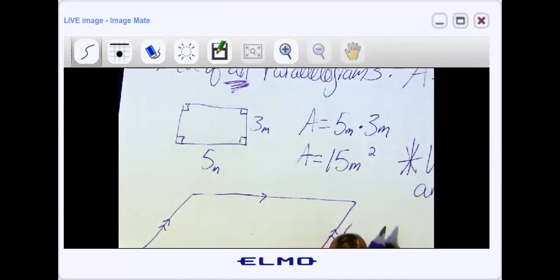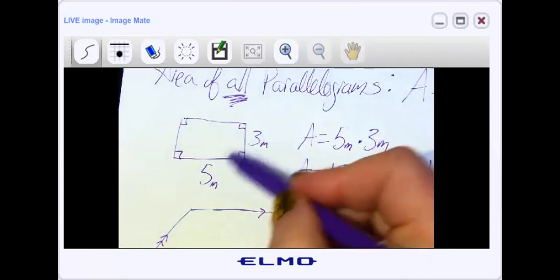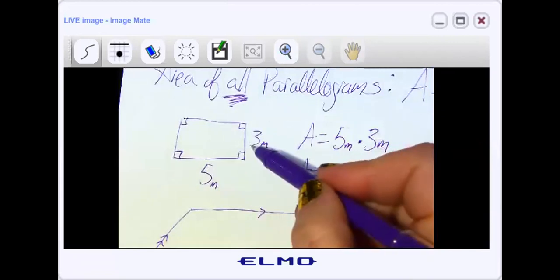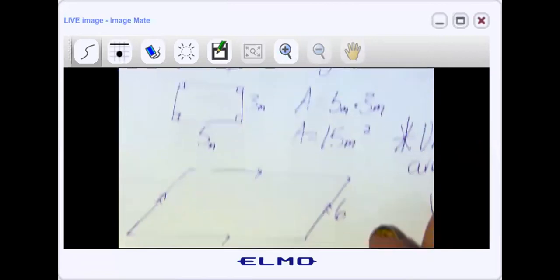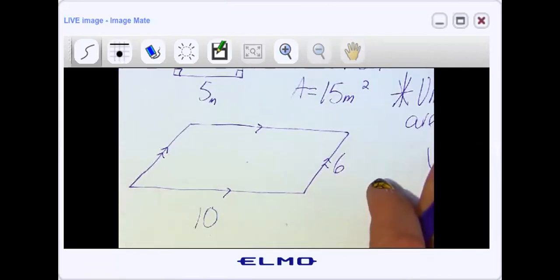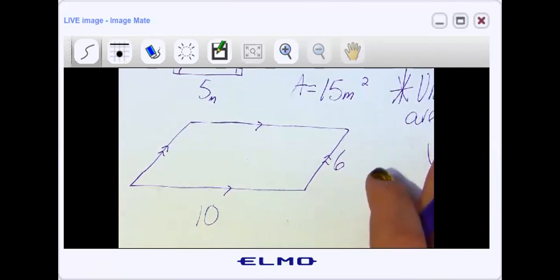And look, in a rectangle, that's why you can do this, because the base and the height are perpendicular to each other. But in this parallelogram, right now, you couldn't give me the answer for the area because you don't know what the height is. I have to give you the height.